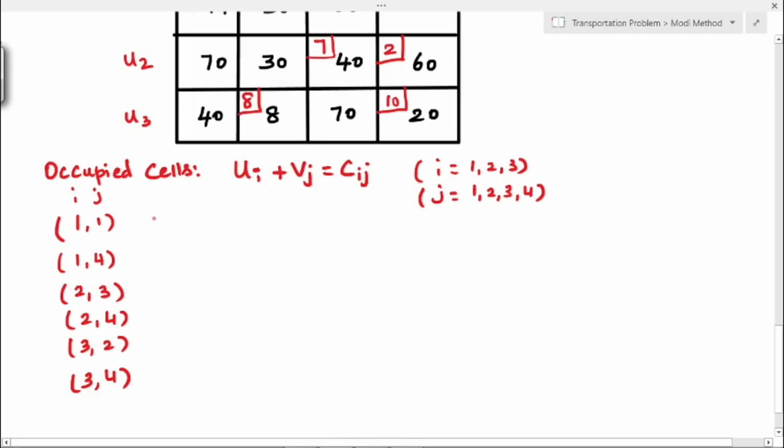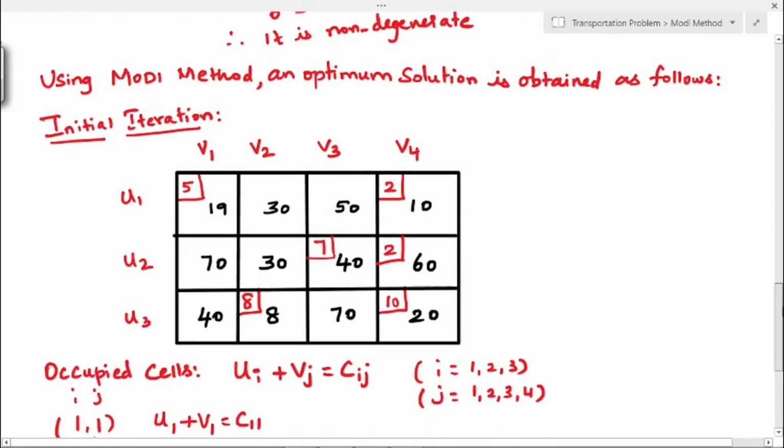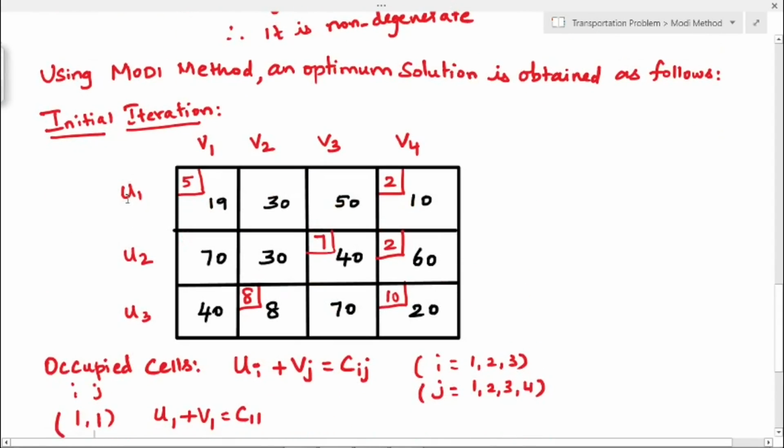The first equation is U1 plus V1 equal to C11. 19, 30, 50, 10 are all cost values, that is Cij. The C11 value is 19, this first cell.